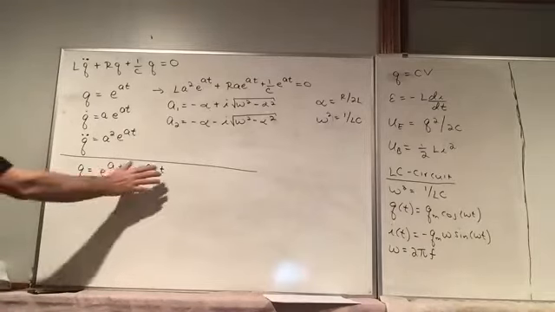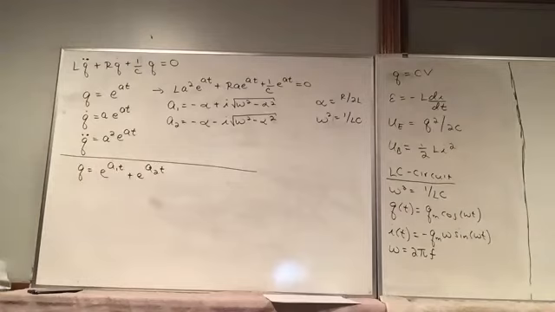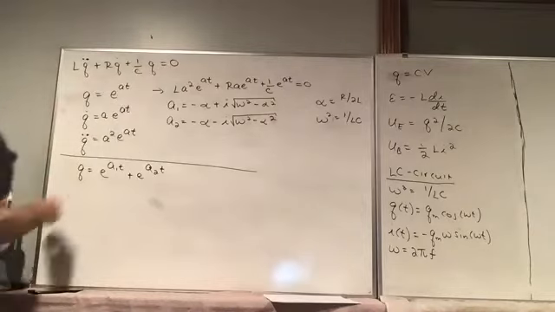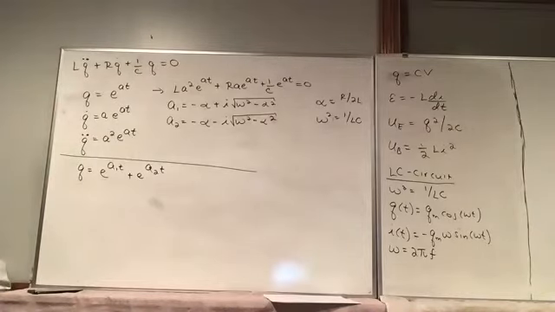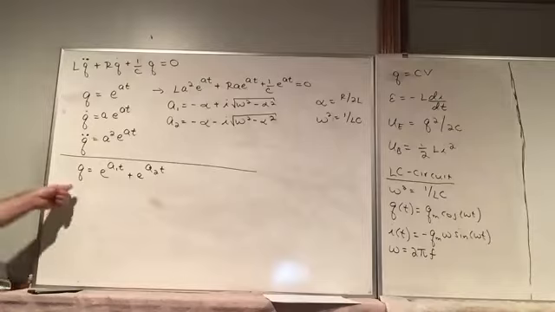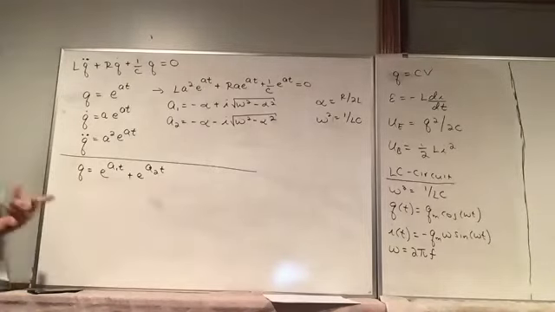So again, if each of these is individually a solution, then the sum has to be a solution as well, just because this is a linear equation. So for now, this will be our solution. It's dimensionless. We're going to have to throw a constant in front later, but let's just do that at the very end.